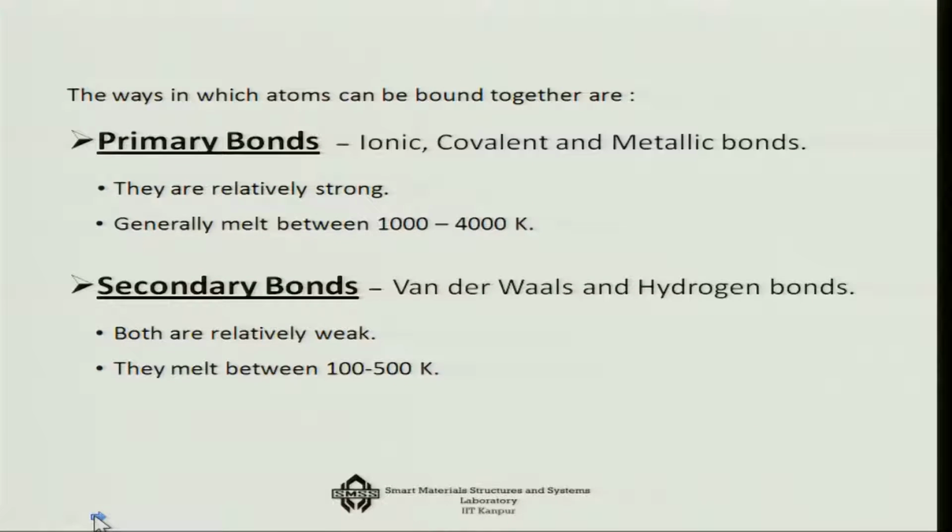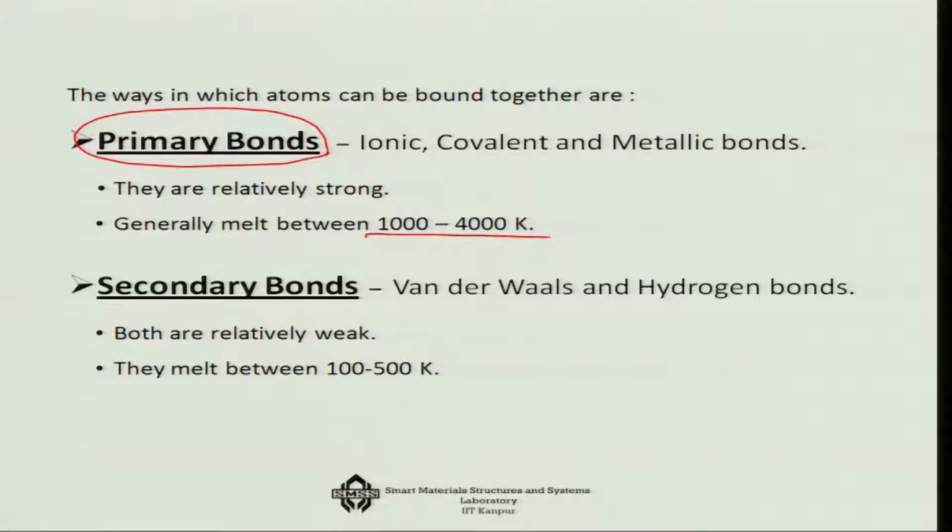So, here we will talk about two types of bonds. The primary bonds are actually very powerful bonds. In terms of the melting or breaking of the bonds, it is something like 1000 to 4000 Kelvin. So, that is why they are very, very strong bonds.